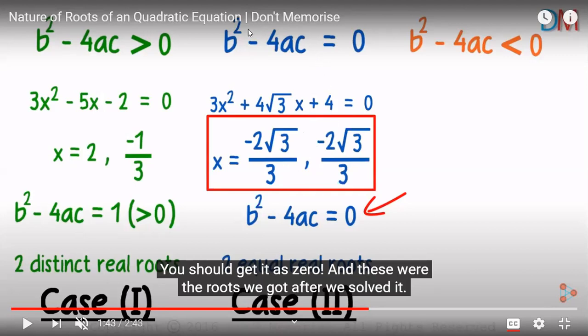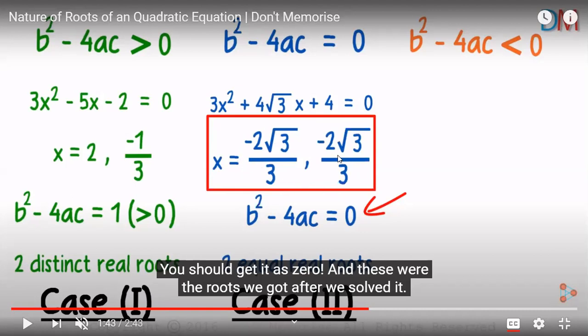When b square minus 4ac equals 0, you can find the value of x by using the quadratic formula or by completing the square, and the number of values of x is 1, which means the roots are the same.